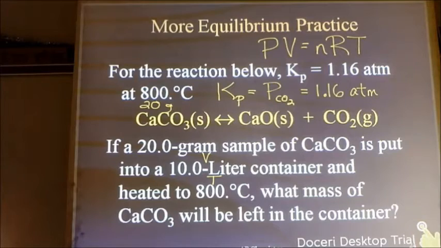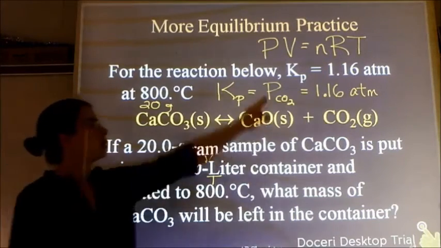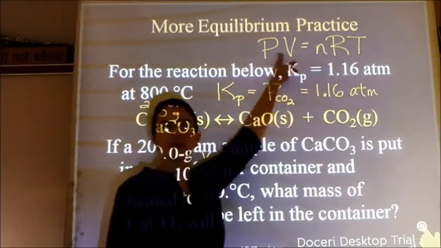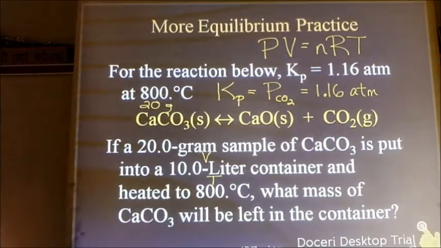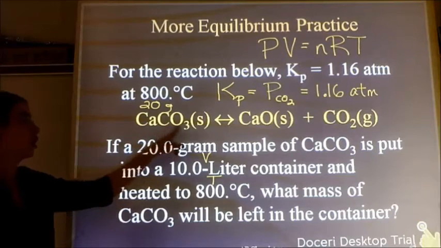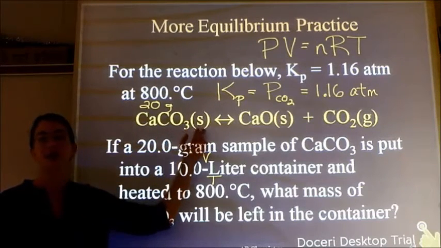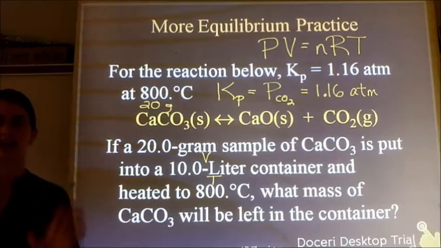Now, just to make sure, because I don't want you to make this error, what's the name of this equation? What's it called? Thank you. The ideal gas law. Don't you dare try to plug in something associated with the solid into the ideal gas law.